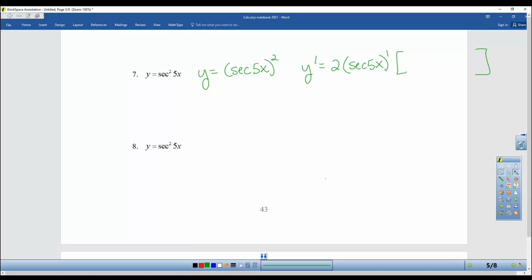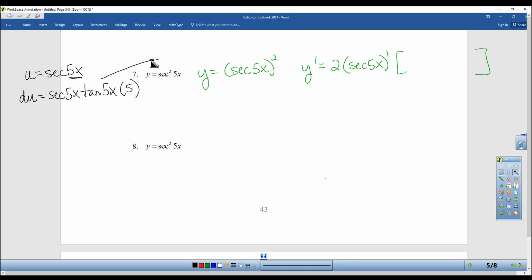A lot of people don't do the inside correctly because they don't consider it its own problem. So if I were you, I would do it off to the side and say, this is the inside. I'm going to pretend this is my only problem. How would I do it? So the derivative of this is secant of the exact same angle times tangent of the exact same angle times the derivative of the inside, which is the angle.